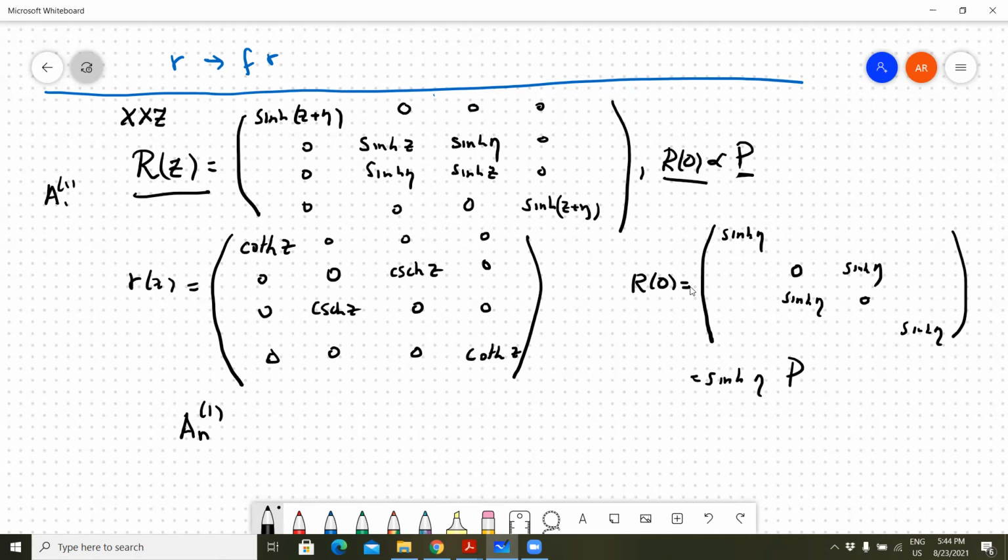I didn't write the explicit form of the permutation when I gave the introduction this morning, but for a Hilbert space with dimension 2, it's just this.